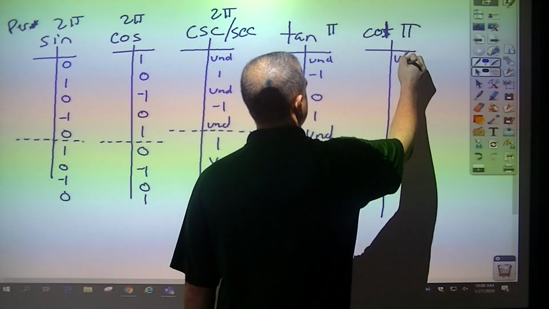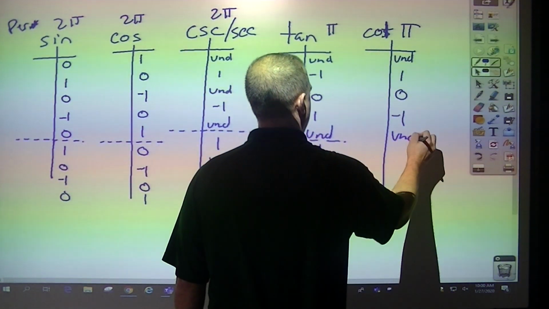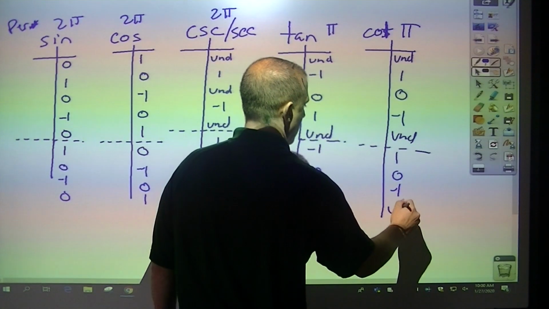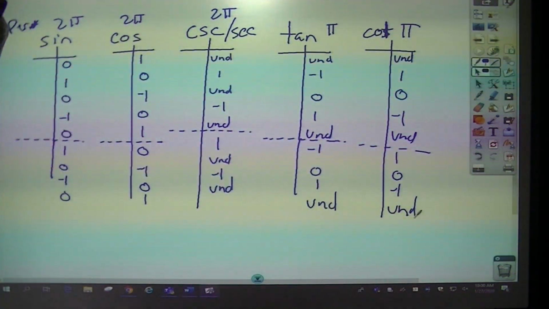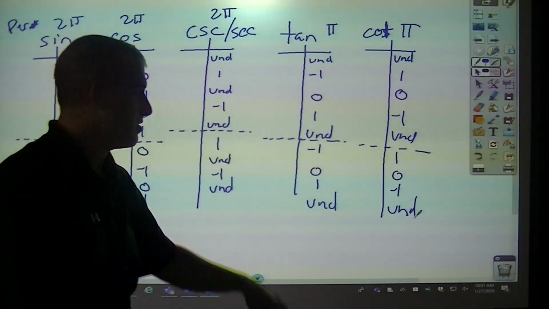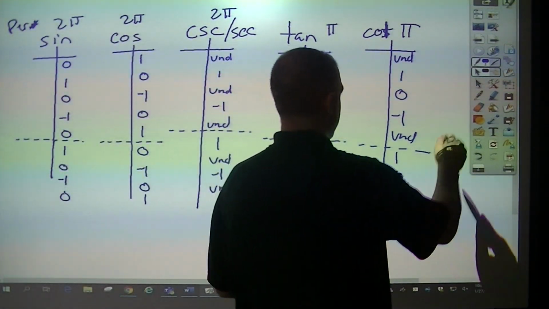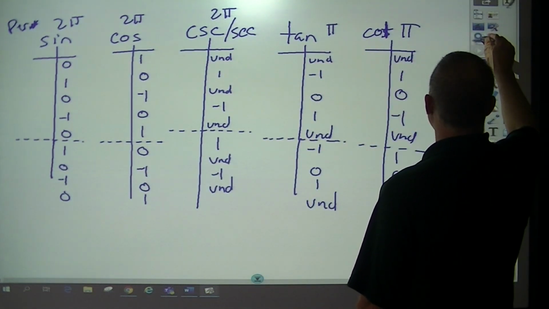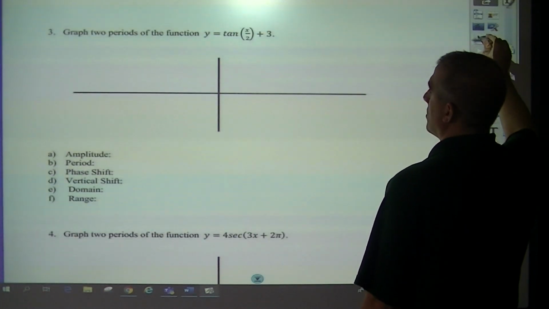That's going to be undefined, 1, 0, -1, undefined. Take these 4, keep them going. 1, 0, -1, undefined. Okay, so those are your key values, the values that you need to have. All right, we're going to be referencing those as we go. We already talked about those in class, sort of how to start with.